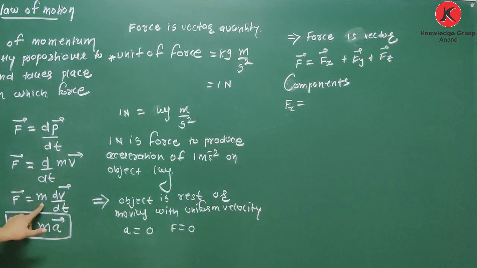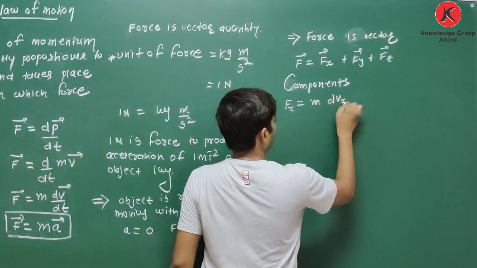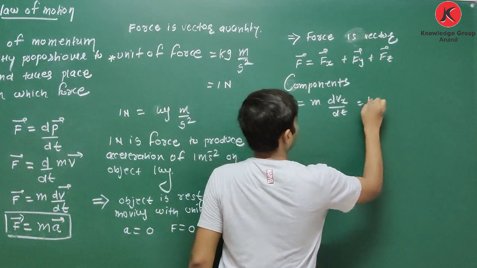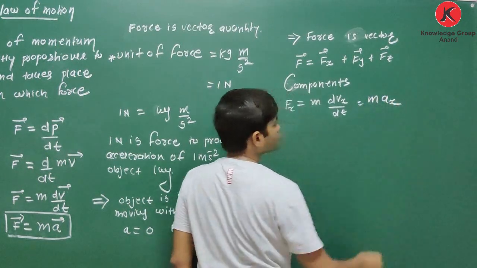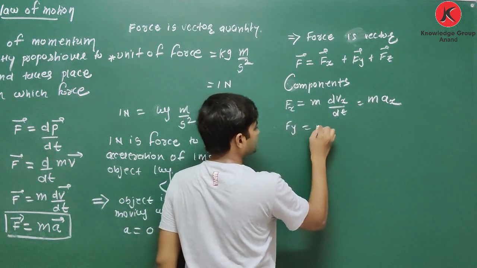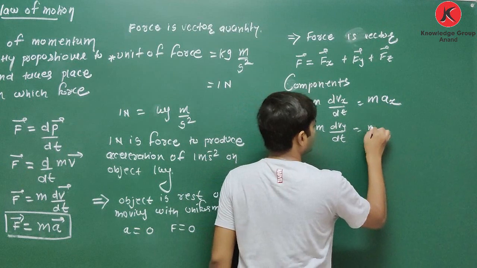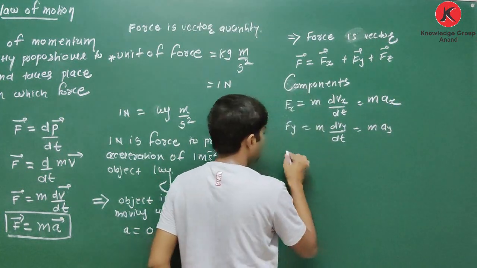F is equal to m dv upon dt, and F is equal to ma. So I can write the x component as m dvx upon dt is equal to m ax. Only the x component. Yes or no? Fy is m dvy upon dt is equal to m ay.